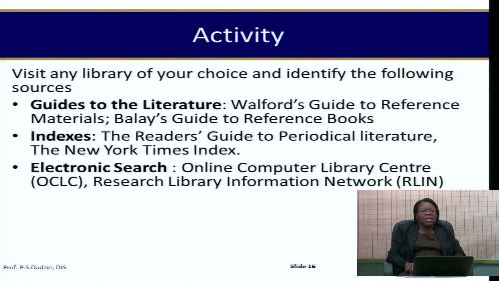Also consult indexes. They are also bibliographies, and I've given you examples. And then you can also search OCLC and RLIN. Because you do not have a subscription to all these, you would only visit the homepage. At least it gives you the opportunity to use the computer to search for these materials.